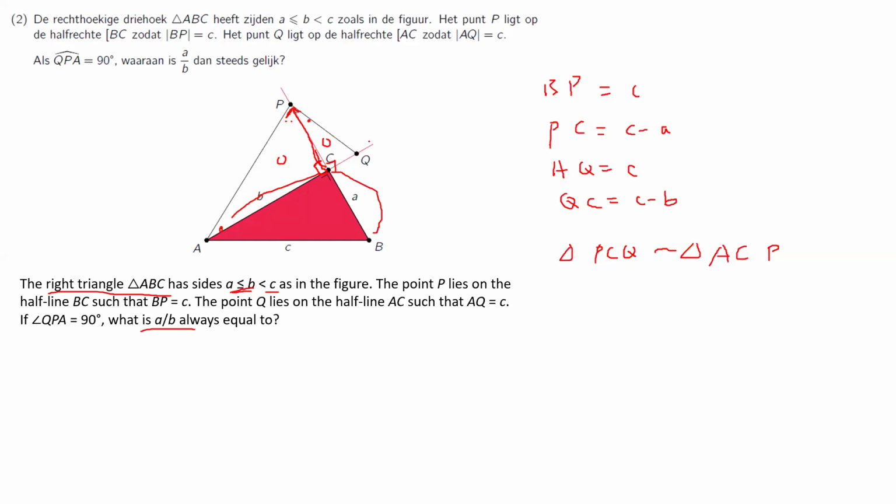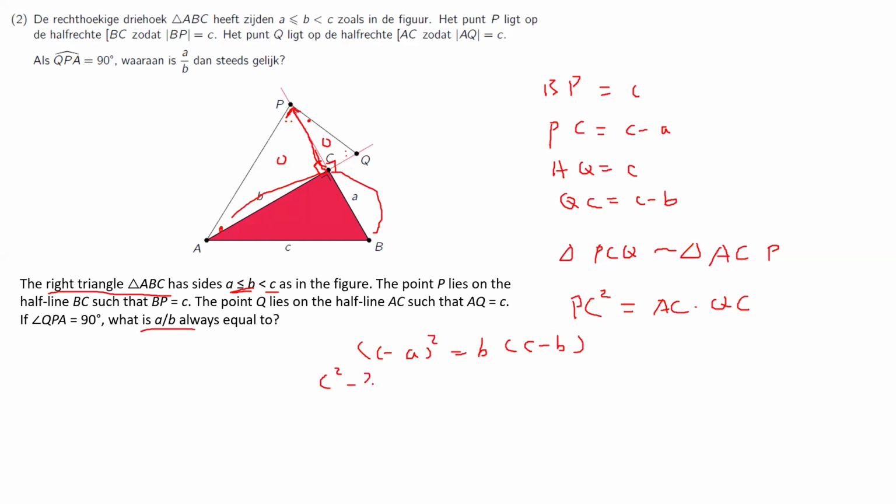So that means PC is the geometric mean of AC and QC. So here we have PC, which is (c minus a) squared, equals AC, which is b, times QC, which is c minus b. And then just expand it.